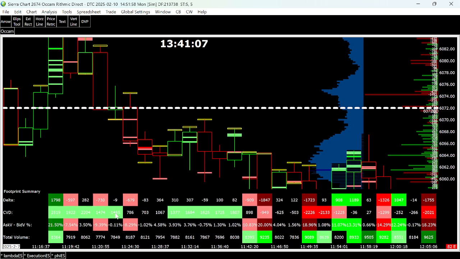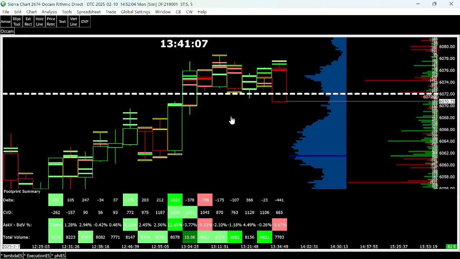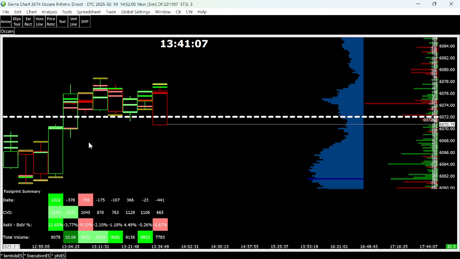CVD is at 1,465, 786 as it pops that level. So it makes a slightly higher high here at about 1:05, that first 30 minutes of the 1 o'clock hour. Obviously, these times are all in Eastern. And so again, CVD diverged because it made a lower high as price made a higher high.